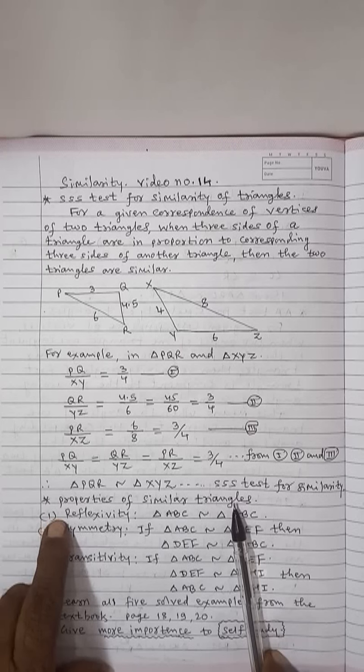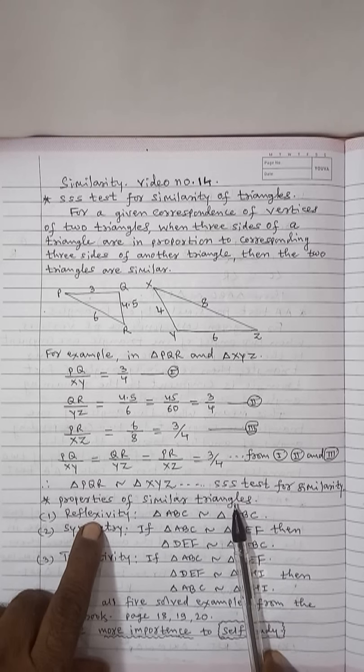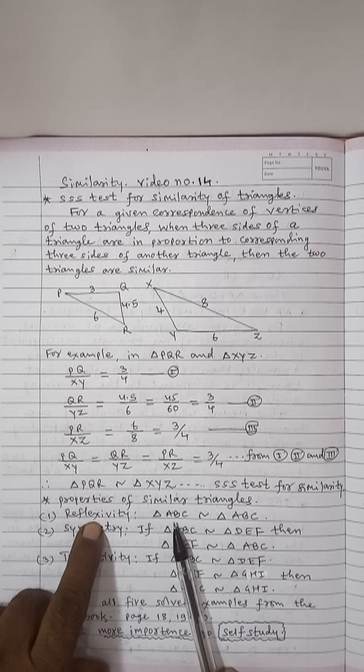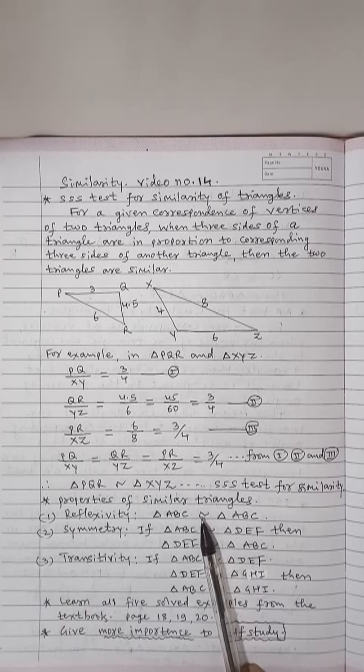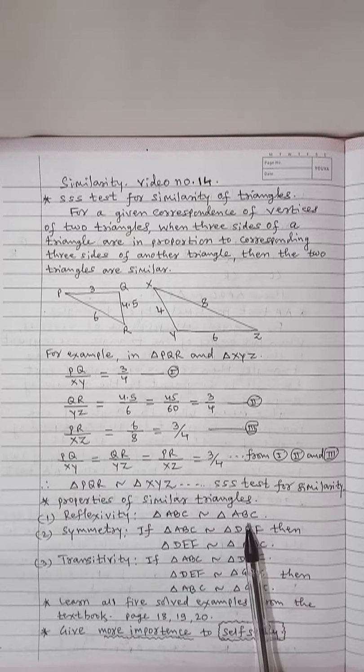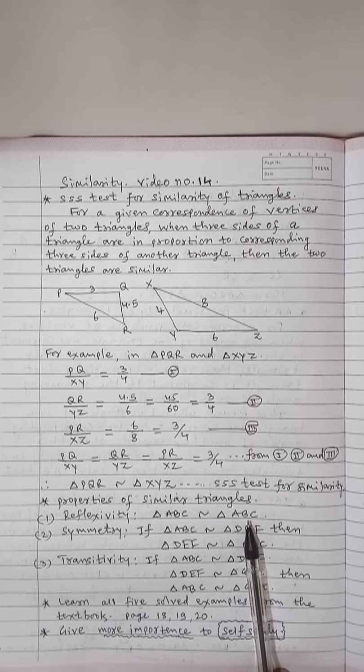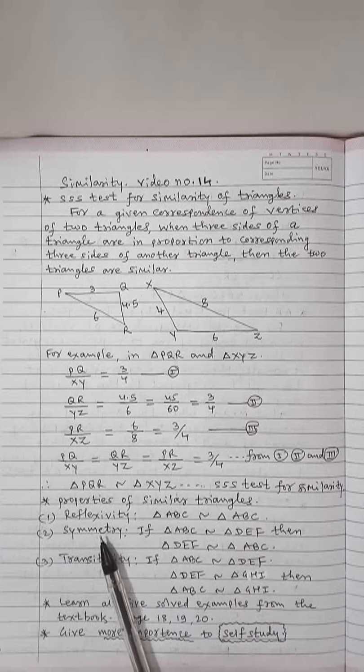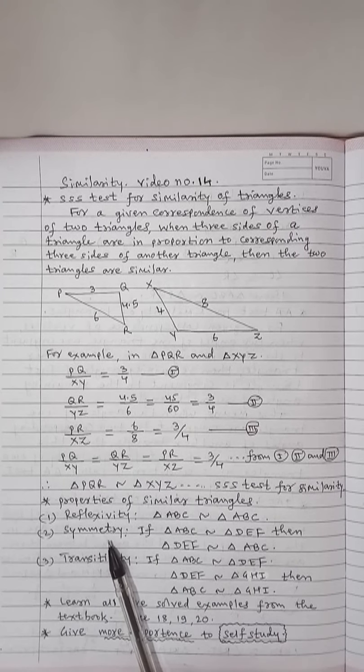Now we will move to properties of similar triangles. Number 1, reflexivity. Triangle ABC is similar to triangle ABC. It means every triangle is similar to itself. Second property, symmetry.